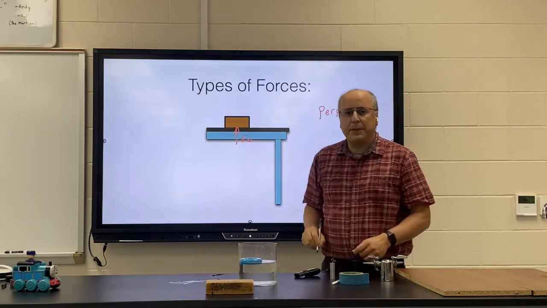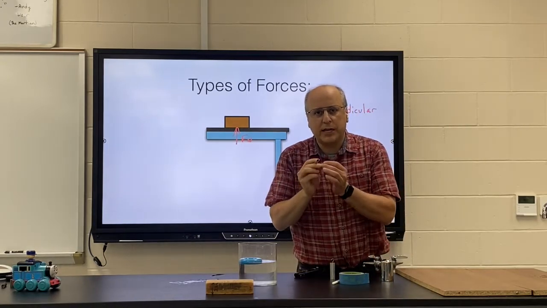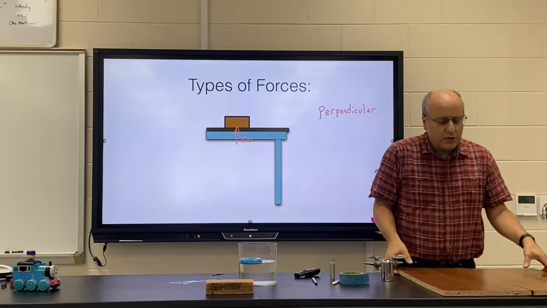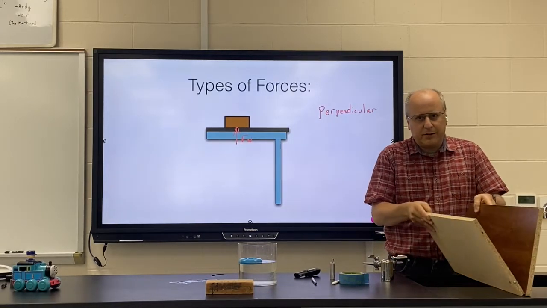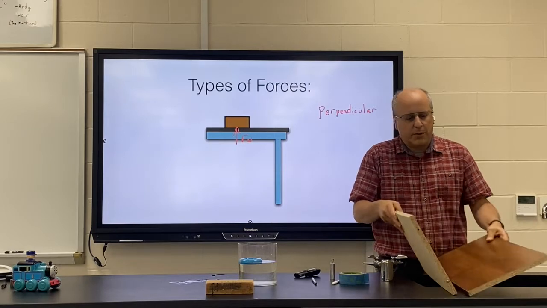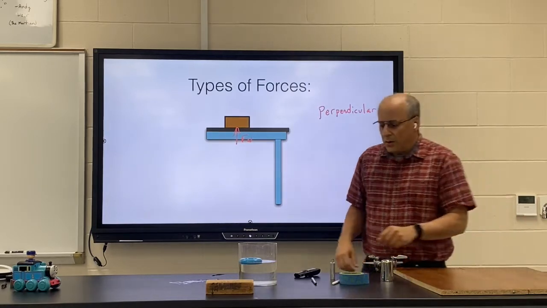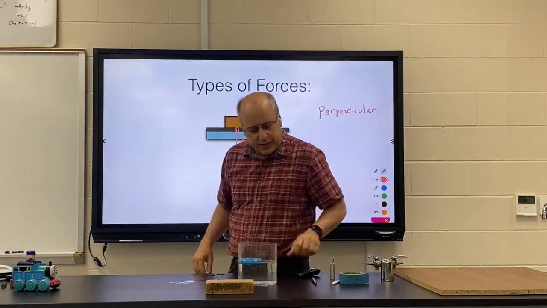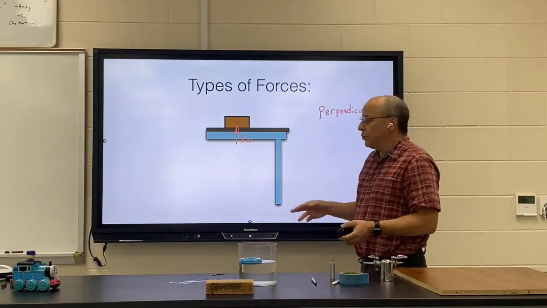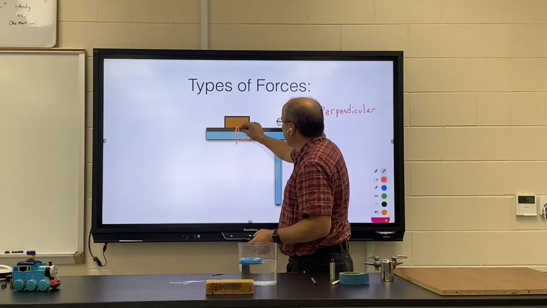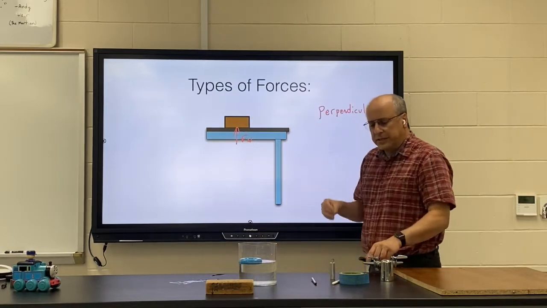Force normal happens anytime two objects are in contact. So if I take these two objects and clap them together, there's a force normal when they hit. Anytime two objects touch each other, there is a force normal. Normal tries to push the two surfaces together.